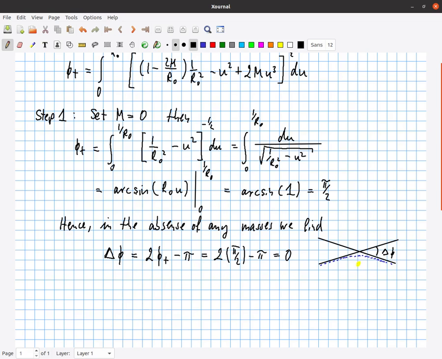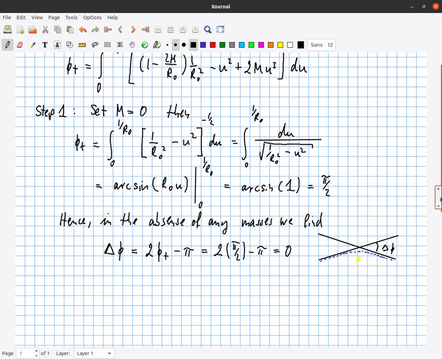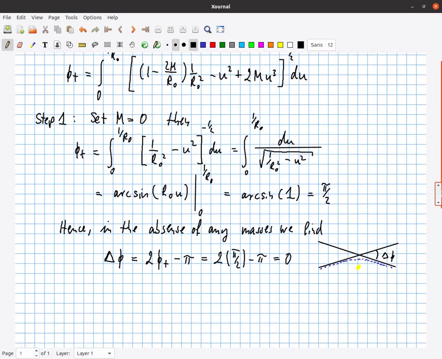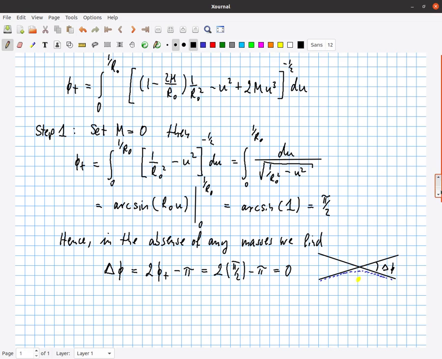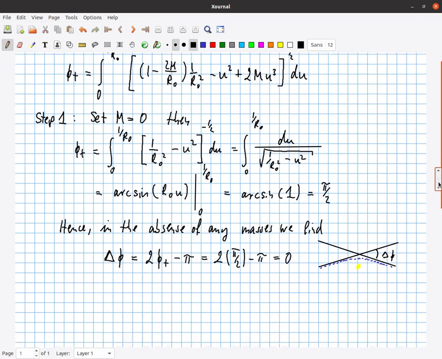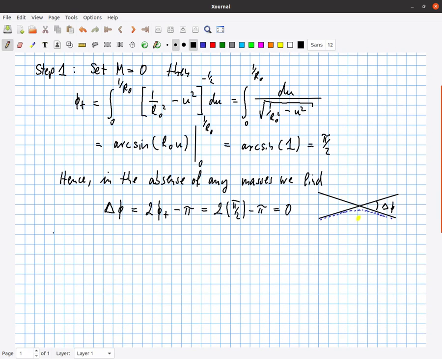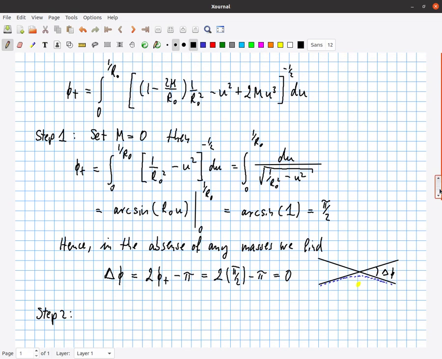We are now interested in the leading order contribution that m makes to this integral. There are different ways how to do this. Step 2. So there are different ways how to evaluate an integral like this when m is small. The easiest way is to think about a Taylor series type expansion.